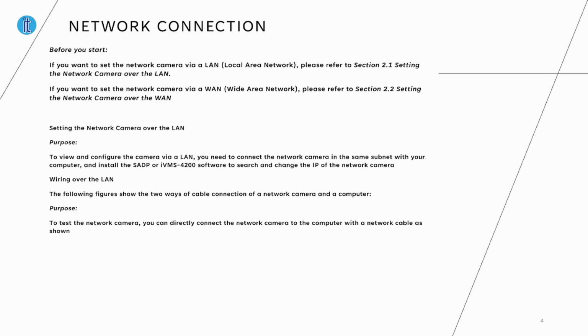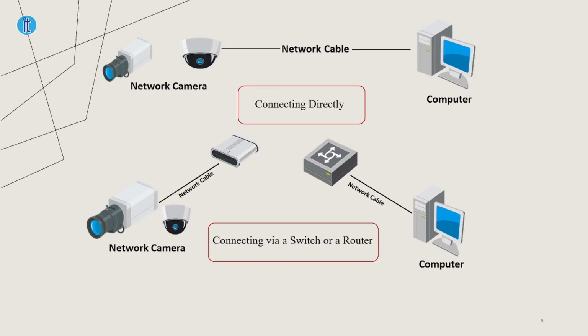Now, wiring over the LAN. The following pictures I'm going to show you will give you a clear understanding on how to configure your Hikvision camera over the LAN. Now, this is the topology. You have your IP camera, and you also have your network camera.